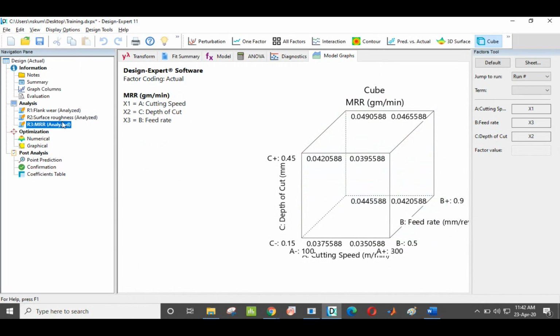So 3 inputs are being analyzed, and now I am going for the optimization, the third step. First the experiment is designed, then the experiment was carried out, the outputs were entered, then we have analyzed the outputs, and now we are entering into the optimization procedure.